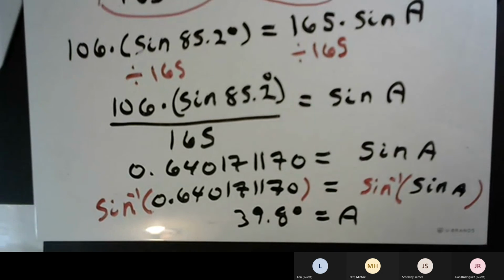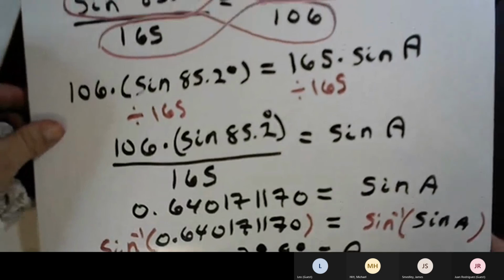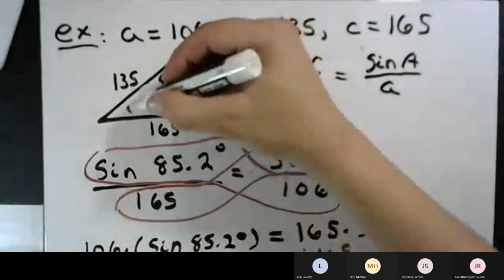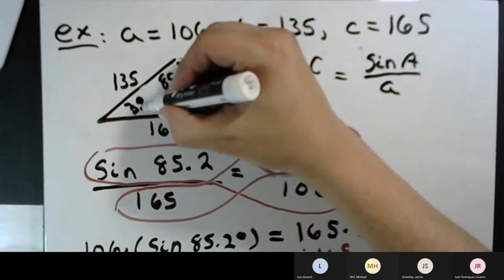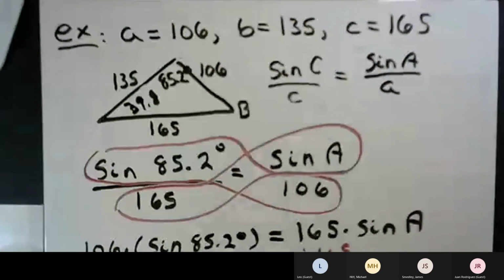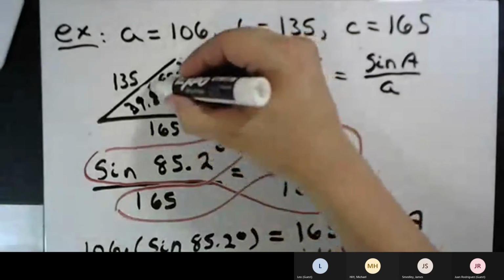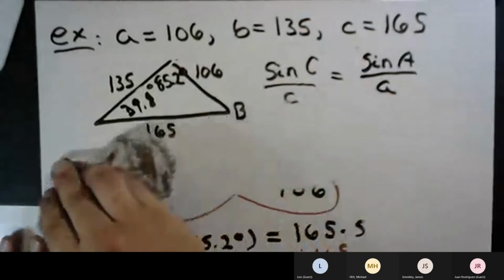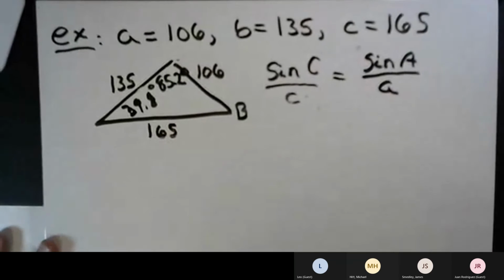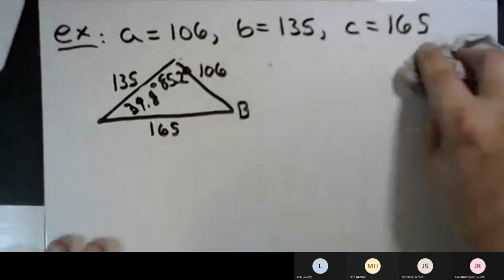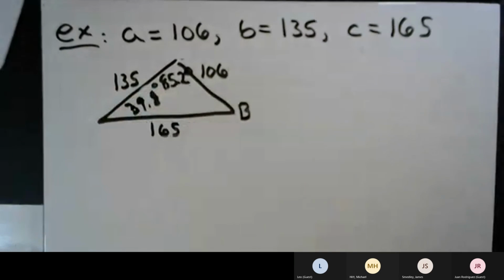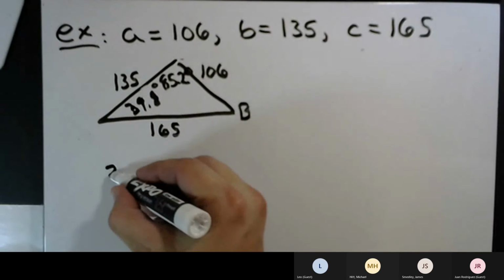So going back to the triangle, we now know this. 39.8 degrees, squeeze it in there. How to find angle B? Well, we're not going to use law of sines. We're not going to use law of cosines. We're just going to use the fact that the sum of the angles has to be 180 degrees.